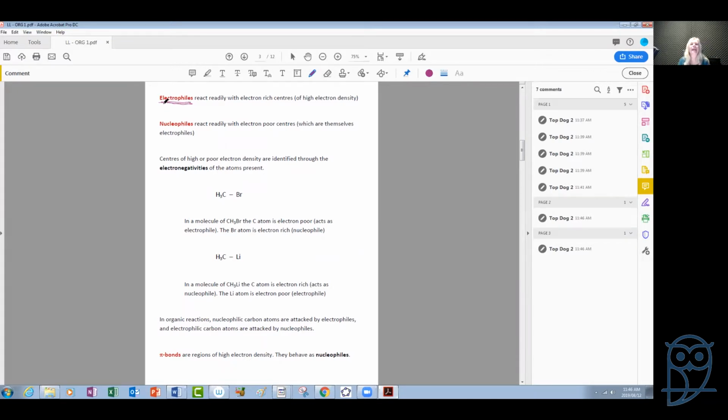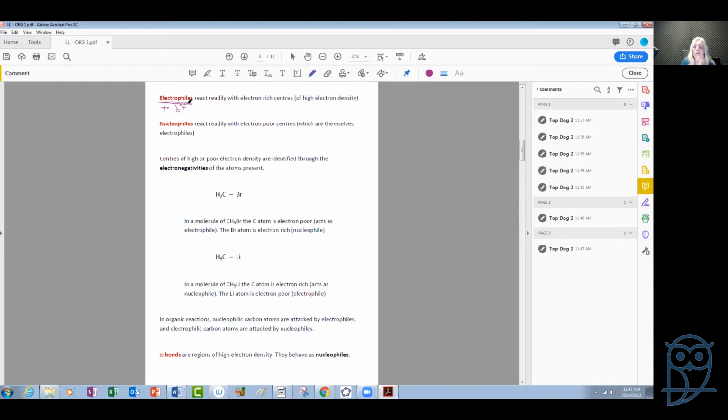These species have a positive or partially positive charge and are attracted to electrons. That is why they are electrophiles. They like electrons, in other words.